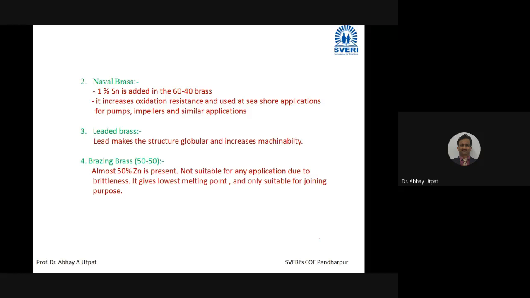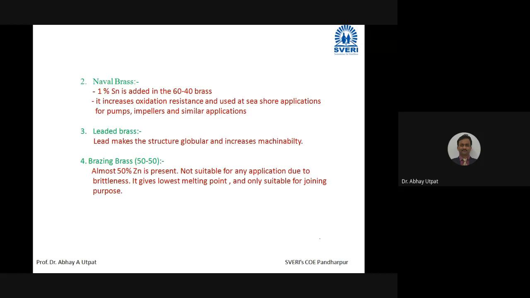Okay. Now last one is brazing brass. If you go on adding percentage of zinc, the brittleness increases. So that's why alpha beta brasses applications are only up to 45% of zinc. But beyond 45% of zinc, pure beta will start to appear, and it will become pure beta brass, not alpha beta brass.